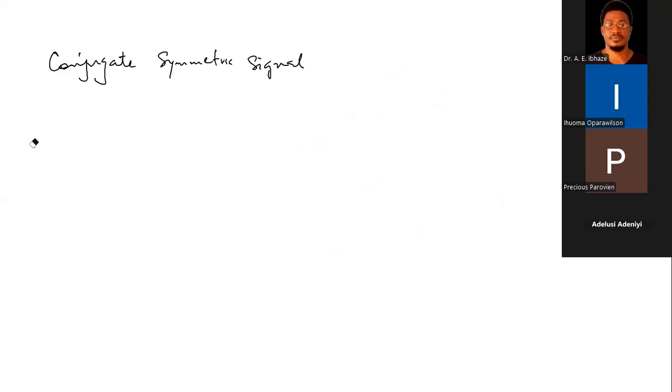Say 2 plus j3: you say okay, 2 minus j3, right? So what we're actually doing here is conjugate. When the sign of the imaginary component changes, it becomes a conjugate component. That's what we are coming back to do again.